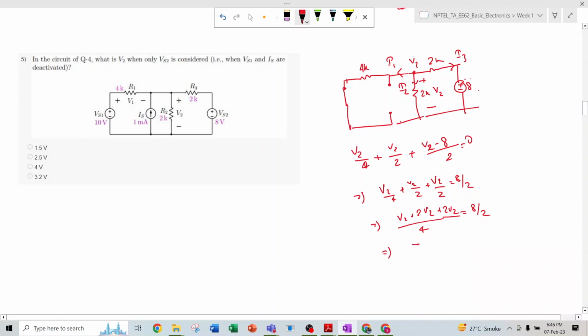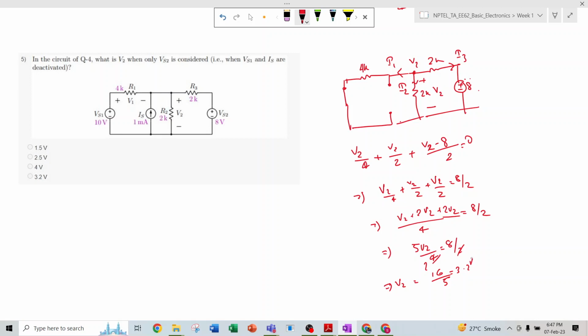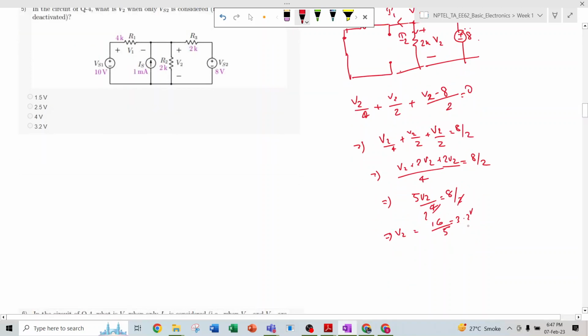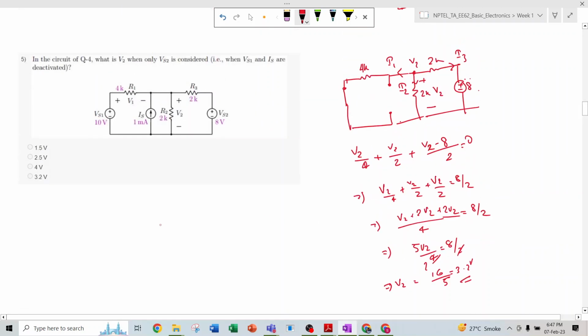So it will be 5V2 by 4 is equal to 8 by 2. 2 and 2 cancel out. So V2 will be 16 divided by 5, which is nothing but 3.2 volt. So here the answer will be option D, that is 3.2 volt.